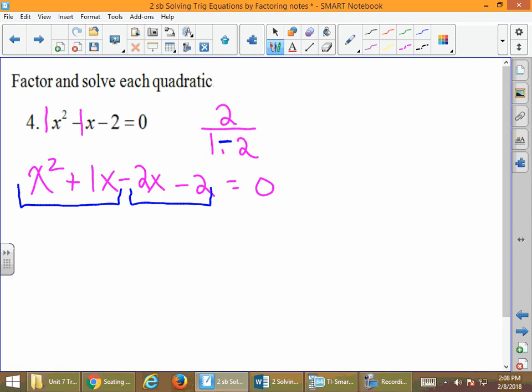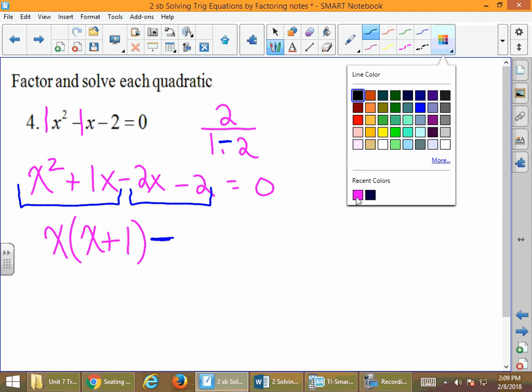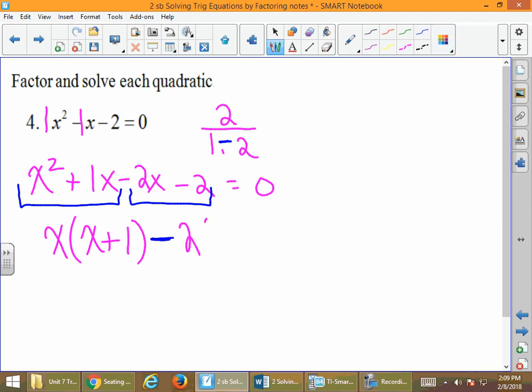The greatest common factor in that first group is x. And when we factor that out, we've got x plus 1. We had 2 x's, we took out 1. X squared divided by x is x. 1x divided by x is 1, and yes, we need to write the 1. Be careful, because there's a minus in between these two. Our greatest common factor in this second group is a 2.